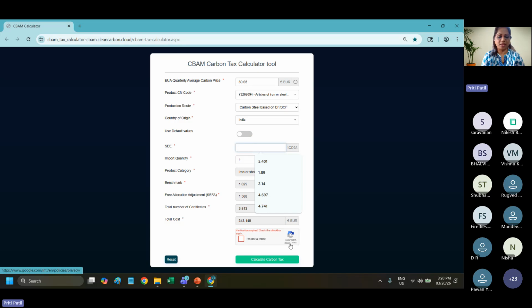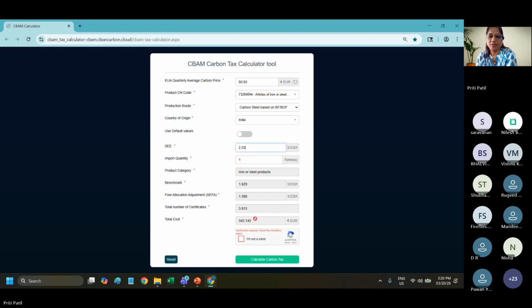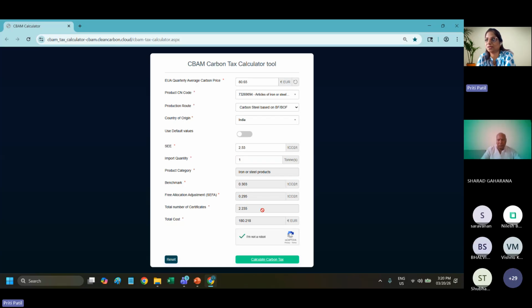For example, suppose I have the actual emissions available with me. What happens in that case? So, with actual emissions, the benchmark is reduced, but see the cost is also reduced so much because the SE is reduced with actual.